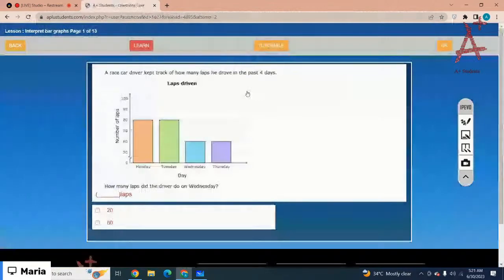Okay, a race car driver kept track of how many laps he drove in the past 4 days. So how many laps did the driver do on Wednesday?